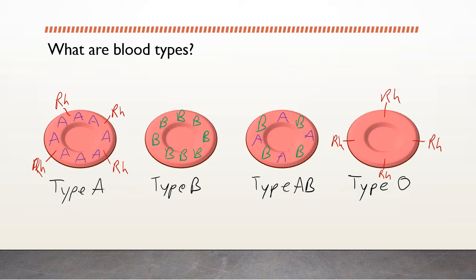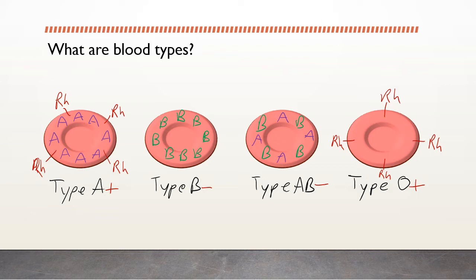Rather than adding another letter to the blood type, scientists decided that the presence or absence of RH would be considered a positive or a negative blood type. So you're either RH positive, meaning that you have RH on your blood cells, or you are RH negative, meaning you do not have RH on your red blood cells.